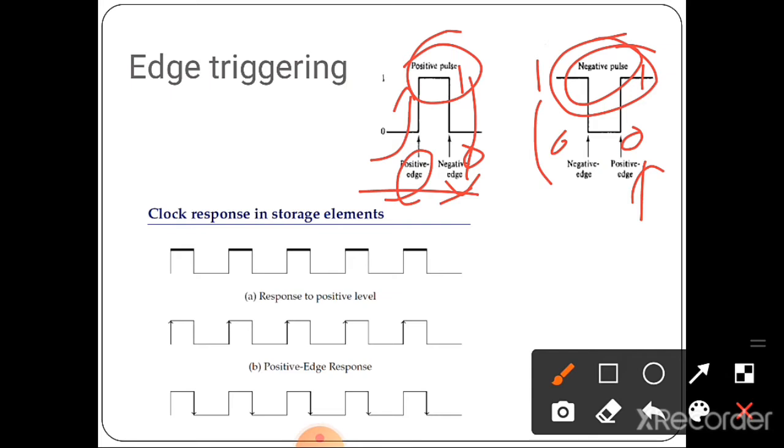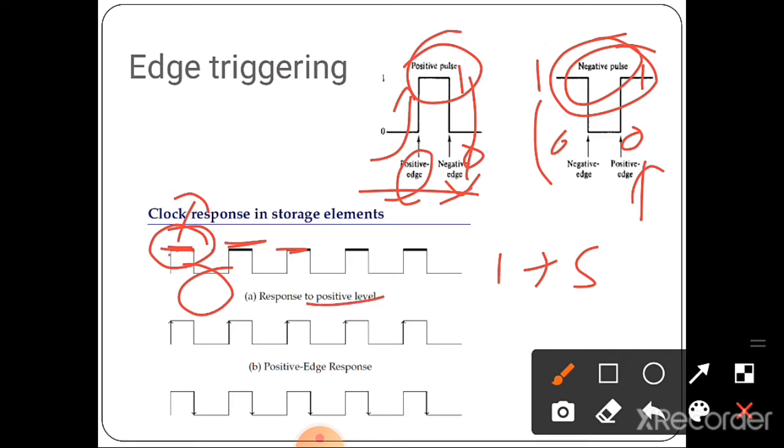Next, in response to a pulse, there are level triggering and edge triggering. Level triggering means that when the level is 1, the transition takes place from one state to another state. So the flip-flop changes state during the high level or the low level, and that is known as level triggering.